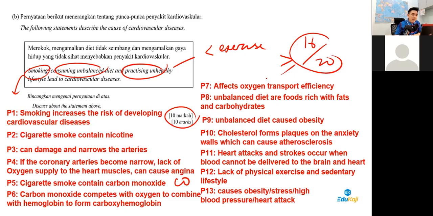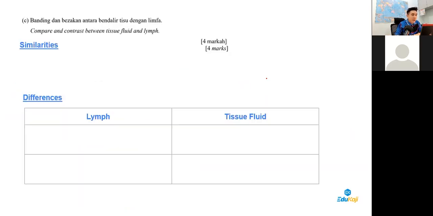All right, guys, and the last part of question 9 is just a straight comparison, a direct comparison between tissue fluid and lymph. All right, so both contain plasma without plasma protein.